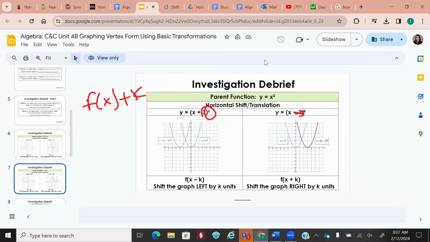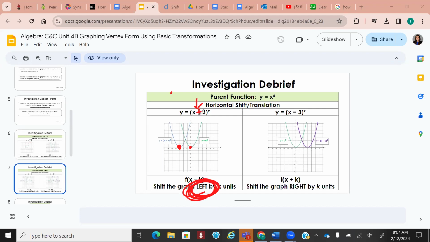The next one, this is always really tricky, and it's almost like you have to think opposite. If I have a plus 3, then I'm going to move left by k units, by 3 units, right? So from here to here. But notice how it's plus, not minus.